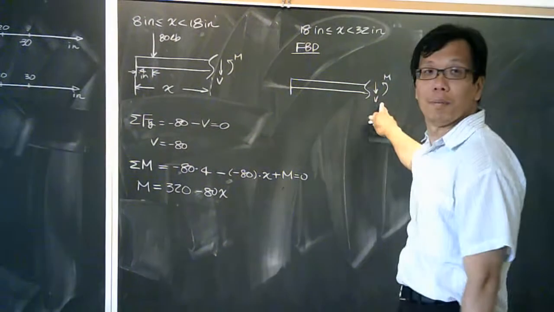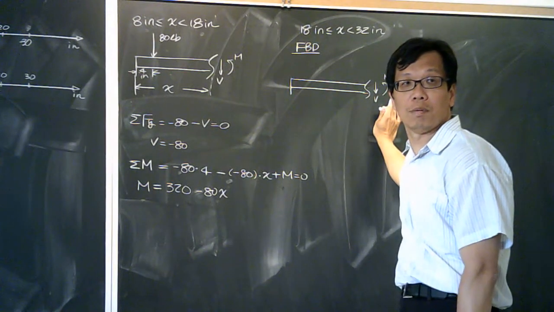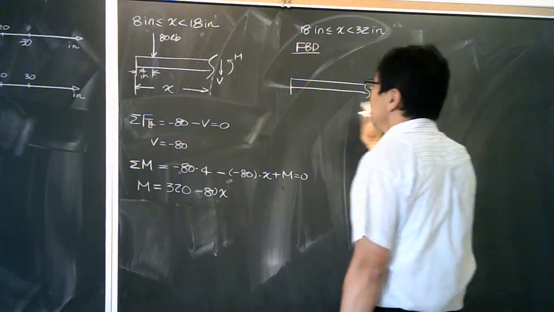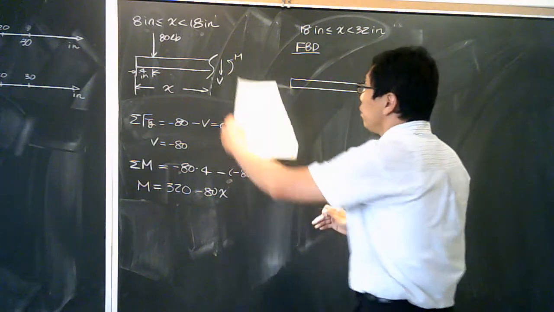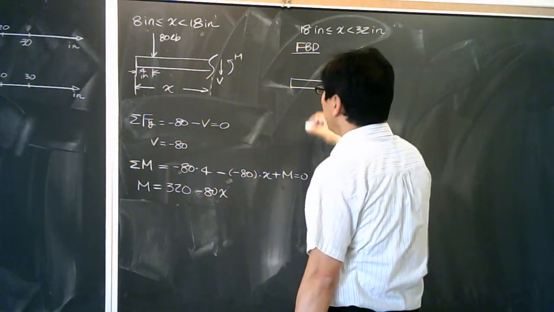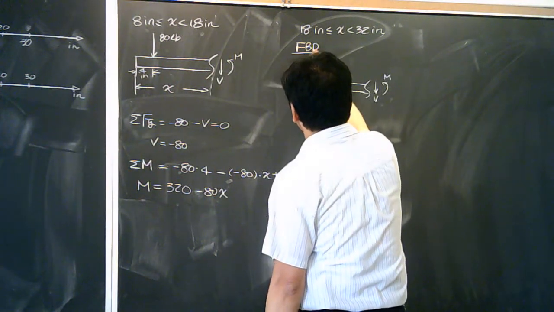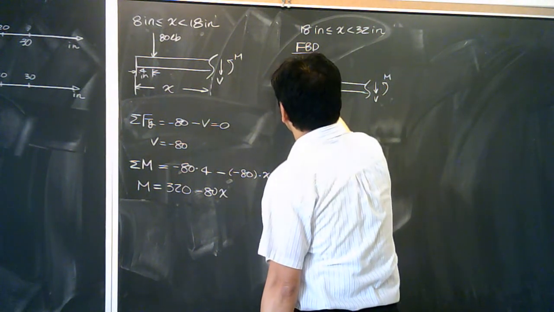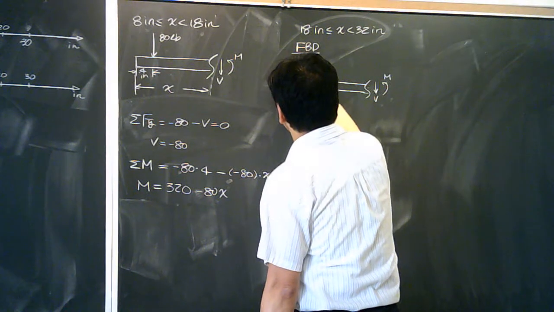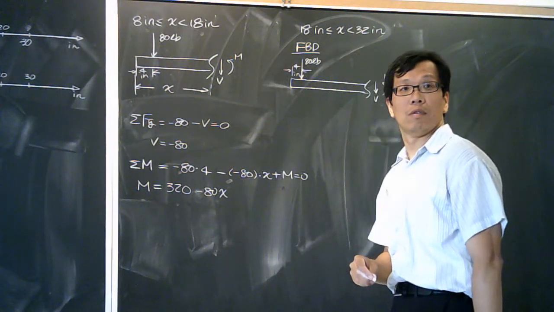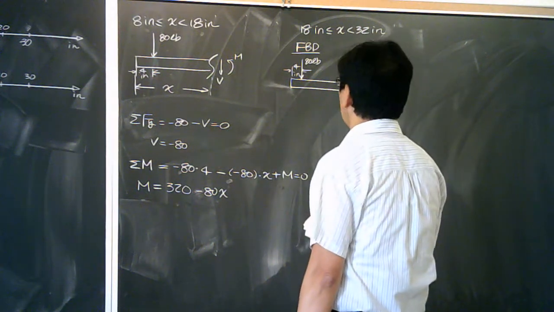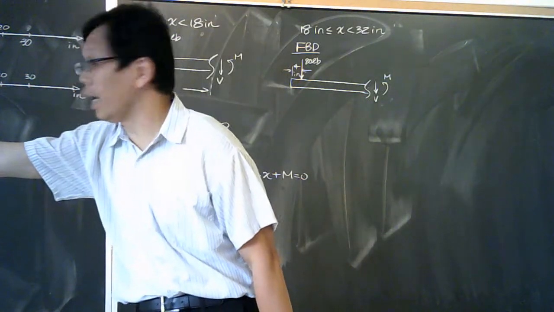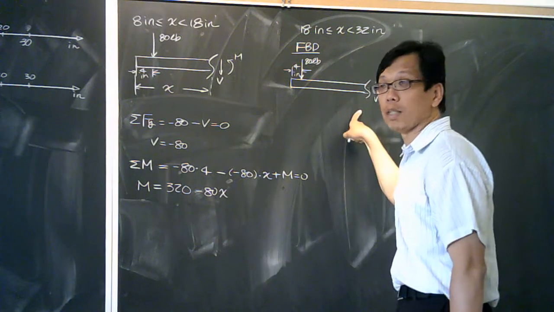Always put those two terms in the beginning because chances are you're going to forget that. Okay, and everything before 18 inches remains the same. I have 80 pounds over here. The distance is 4 inch. Other than that, I do have another force included in this free body diagram.